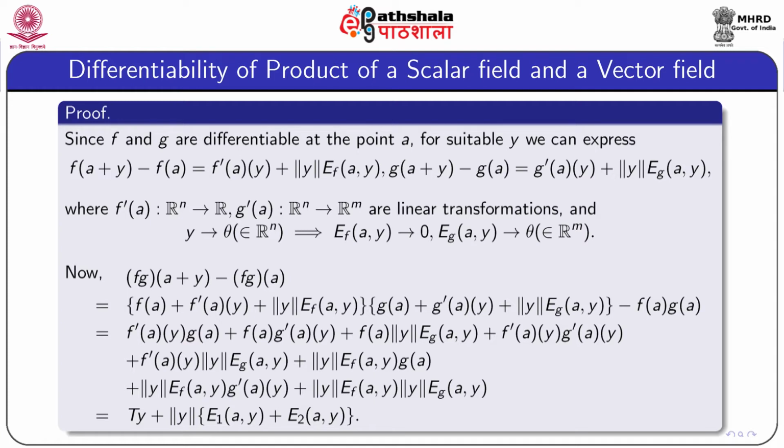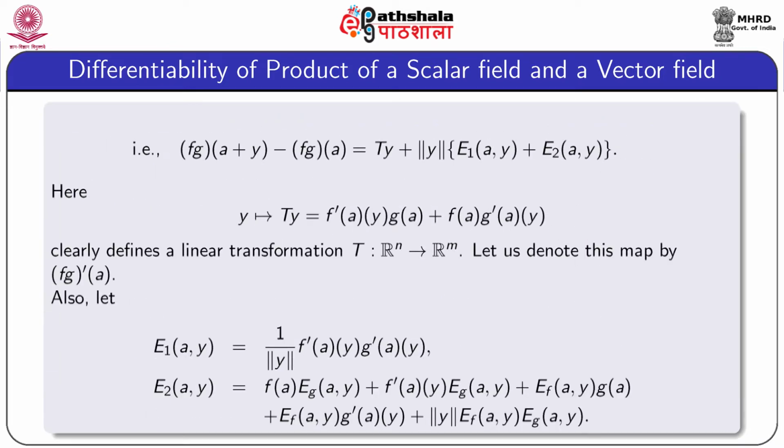Those are f'(a)y g(a) plus f(a) g'(a)y plus f(a) norm y E_g(a,y) plus f'(a)y g'(a)y plus f'(a)y norm y E_g(a,y) plus norm y E_f(a,y) g(a) plus norm y E_f(a,y) g'(a)y plus norm y E_f(a,y) norm y E_g(a,y). We write them down after separating into two parts. We write it as follows: fg(a+y) minus fg(a) equals T(y) plus norm y times E_1(a,y) plus E_2(a,y).